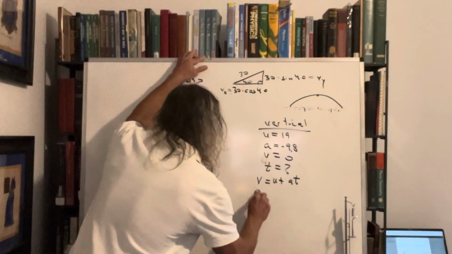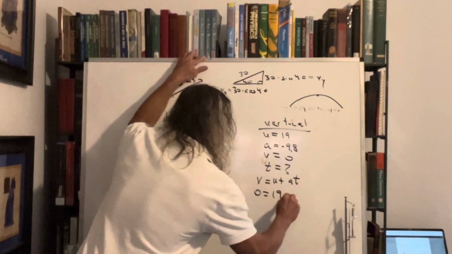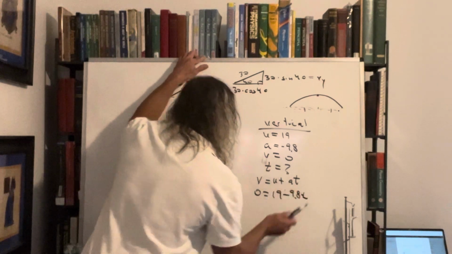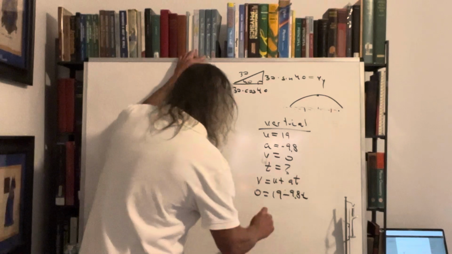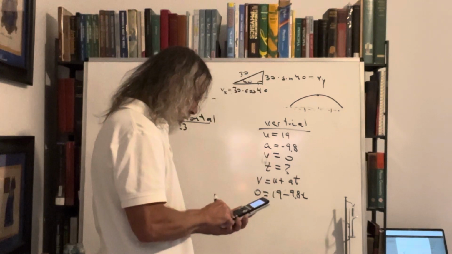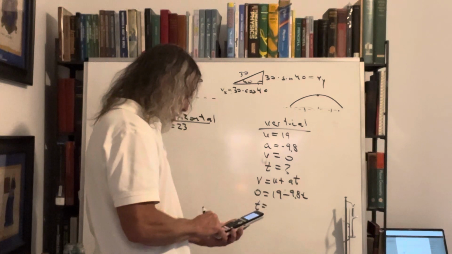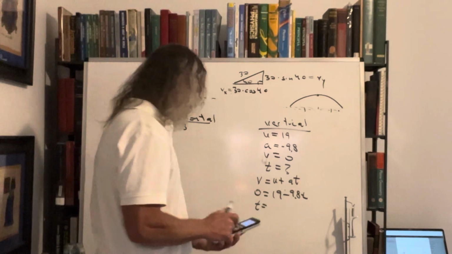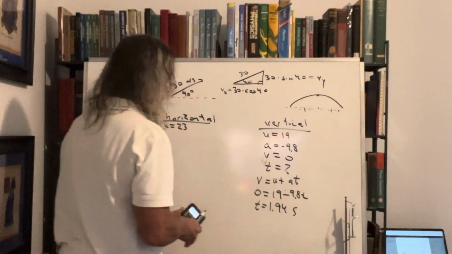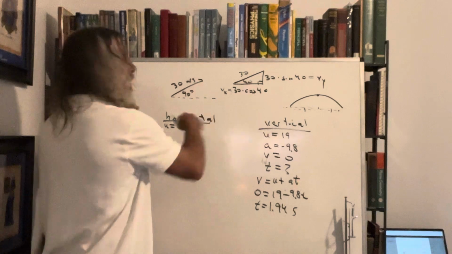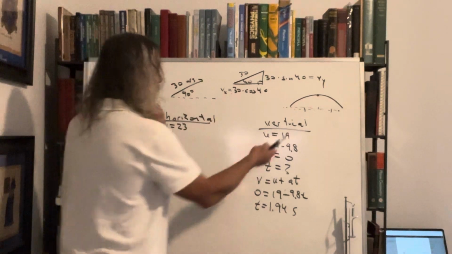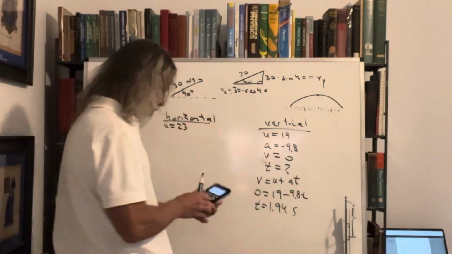And so 0 is 19 minus 9.8 T. Subtract 19, divide by 9.8. T is 1.94 seconds. And then we put that in over here. We double it. Remember, 1.94 here times 2.